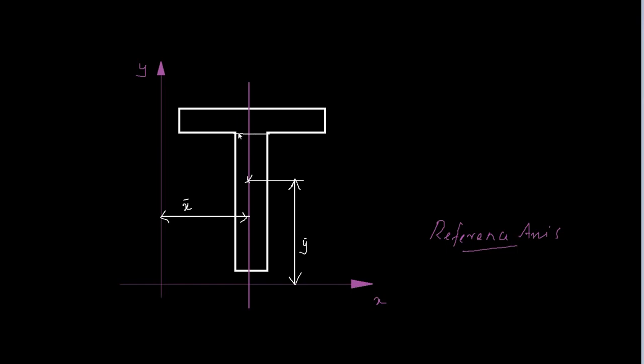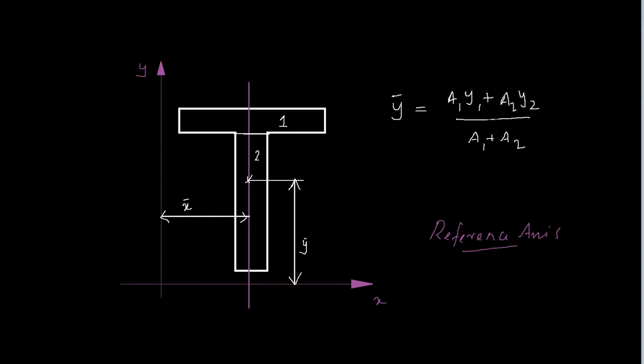Let's divide it here, and let's call this area 1 and this area 2. Now your y bar is A1 y1 plus A2 y2 divided by A1 plus A2.